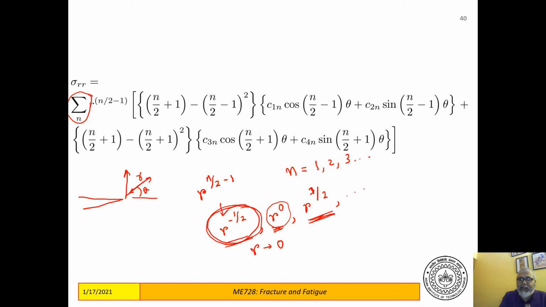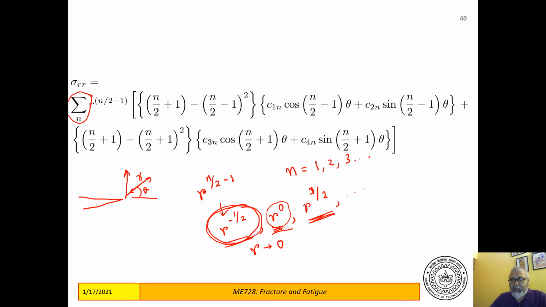But closer to the crack tip, r to the power minus half, or 1 by square root r, is the most dominant term, and that is what we will deal with at the moment. We will look at the effects of the next term at least in a few classes from now.